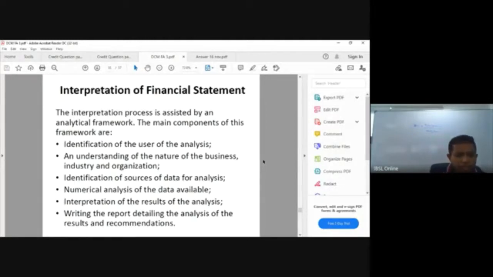Then the next one is identification of the source of data for analysis. From which source do you take this data? Especially when you are taking the financial information, the financial statement should be audited by the external auditors, right? It will add more value to your findings or analysis.